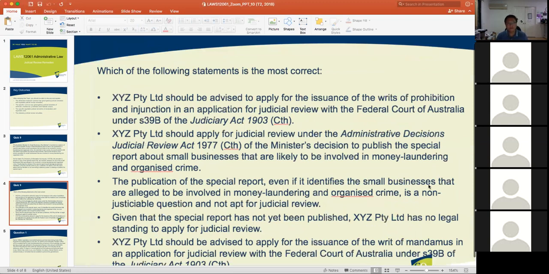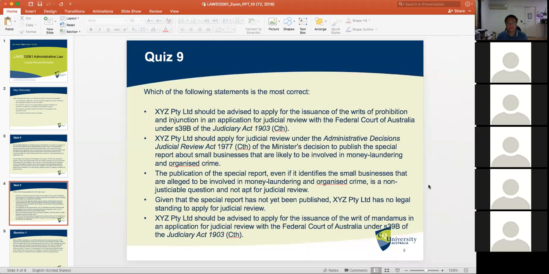A, XYZ Proprietary Limited should be advised to apply for an issuance of the writs of prohibition and injunction in the application for a judicial review with the Federal Court of Australia under Section 39B of the Judiciary Act 1903 Commonwealth. B, XYZ Proprietary Limited should apply for a judicial review under the Administrative Decisions Judicial Review Act 1977 of the Minister's decision to publish the special report about small businesses that are likely to be involved in money laundering and organised crime.